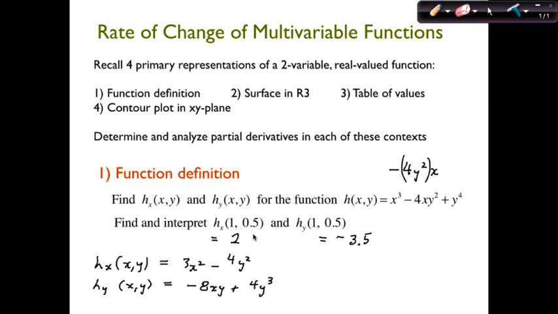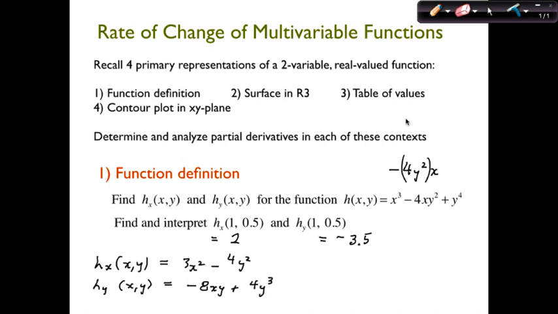So the next representation I want to graph is the surface in R3. Let's look at this function in R3 and this point and see how we interpret rate of change on the surface. Questions on the arithmetic here?